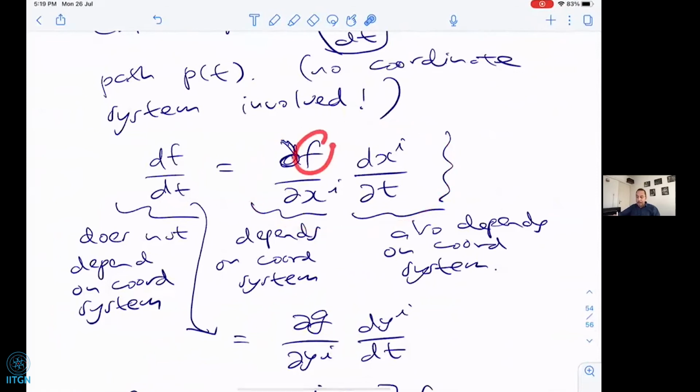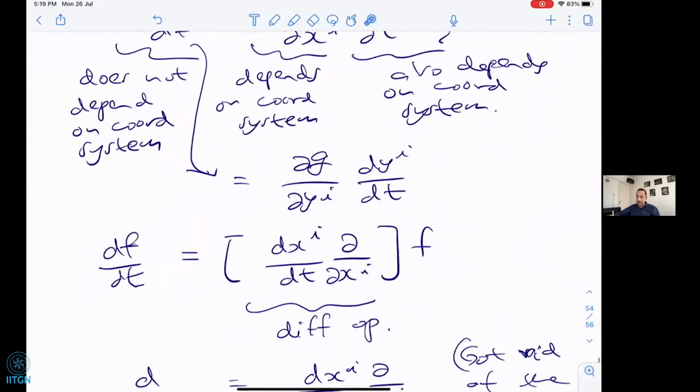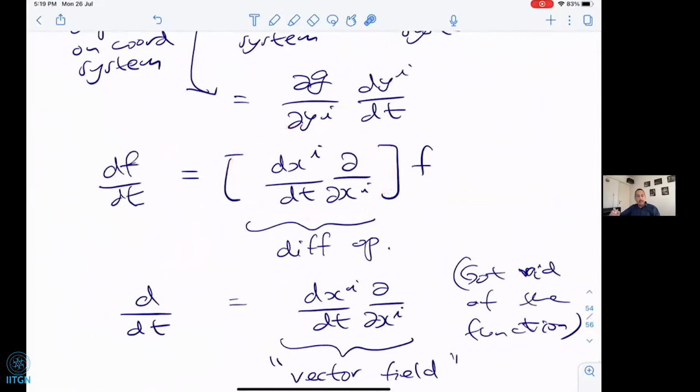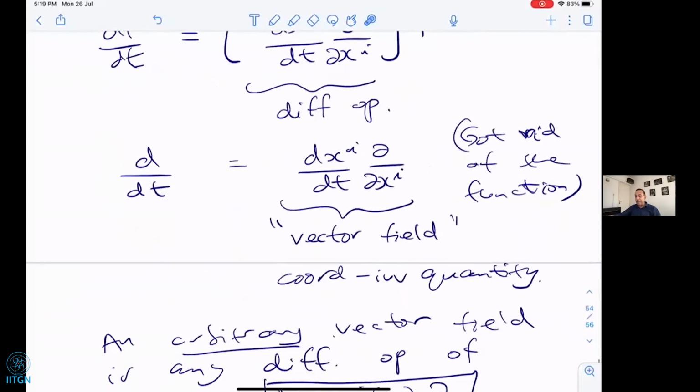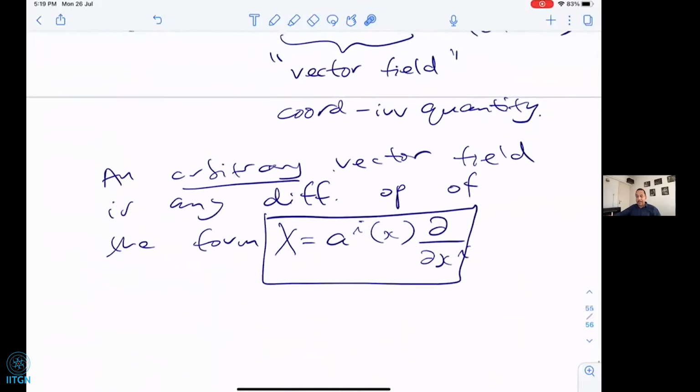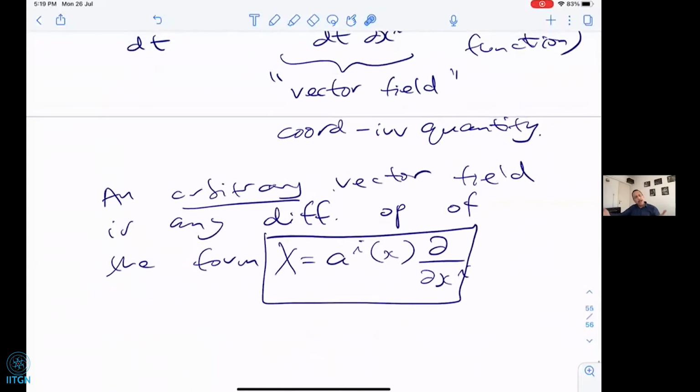Then we dropped the function by rewriting this as a differential operator in the abstract, this one. And finally, we dropped the velocity by saying, well, who wants to specify a curve? Let's just write any arbitrary set of n functions ai of x in my coordinate system, and they will specify a curve on the manifold by just lifting these tangent vectors point by point back onto the manifold. And this is what we are led to.